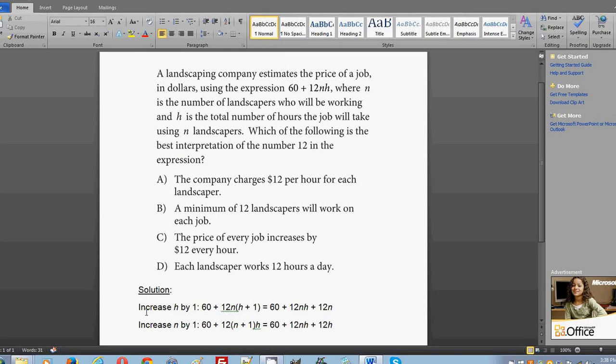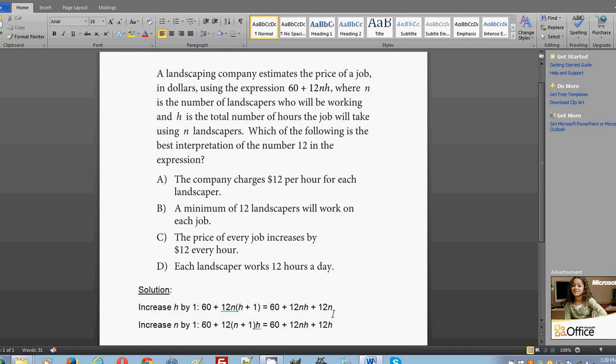When you increase h by 1, you can rewrite the given expression as 60 plus 12 times n, and then increase h by 1 and see what happens. When you expand this, we have 60 plus 12 times nh, which is the original expression, and then we add something to it: 12 times n.